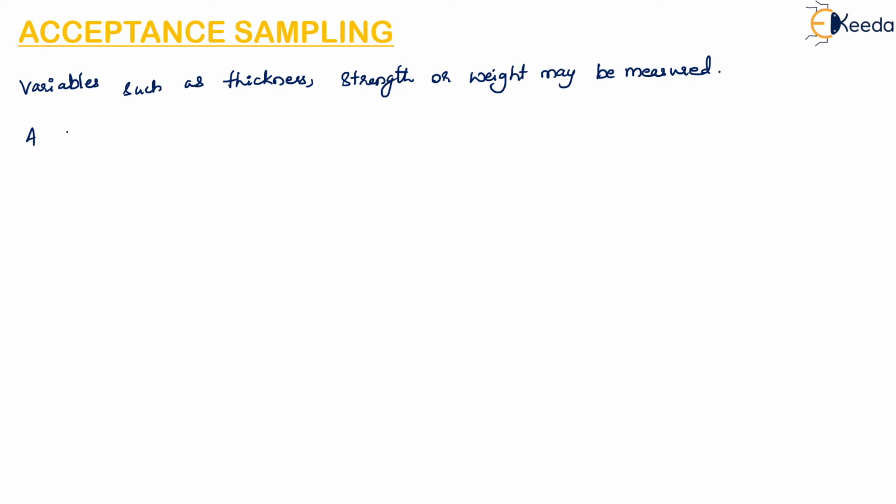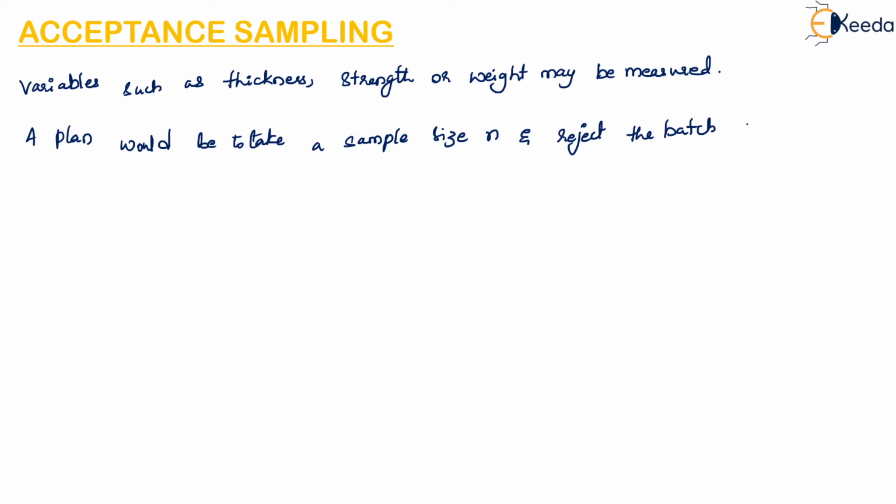So a plan would be to take a sample size n and reject the batch if the mean measurement, that is x bar, is less than k.